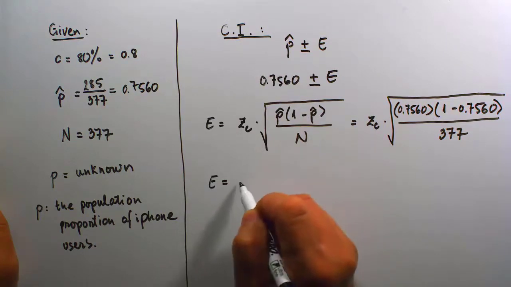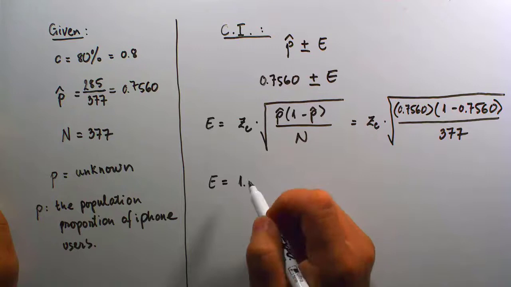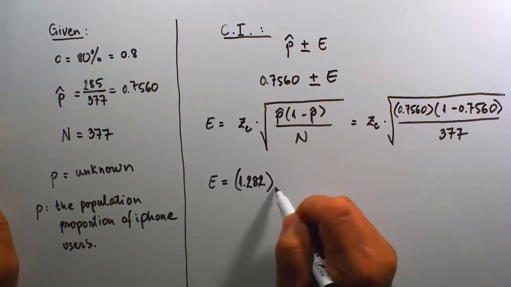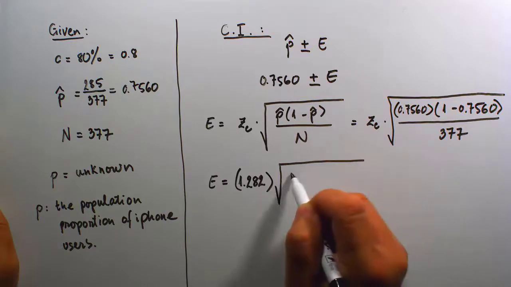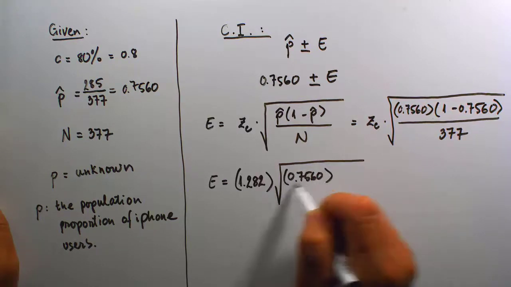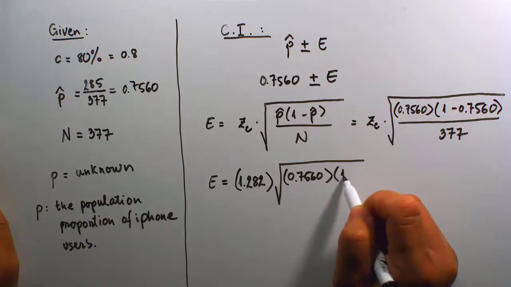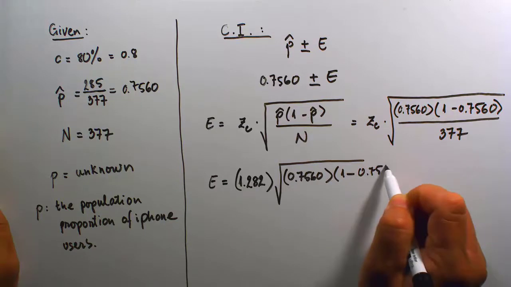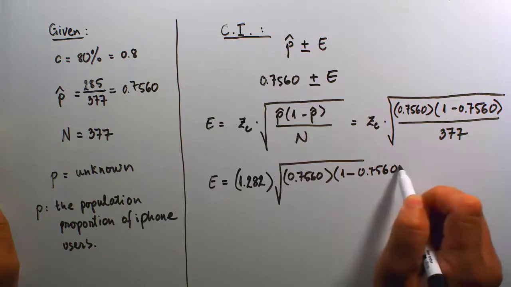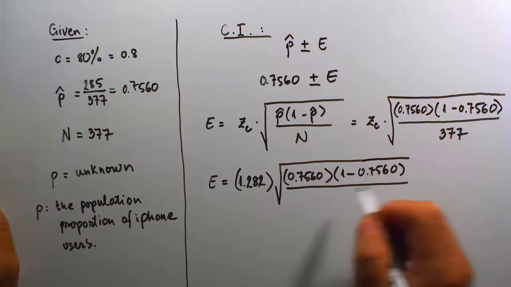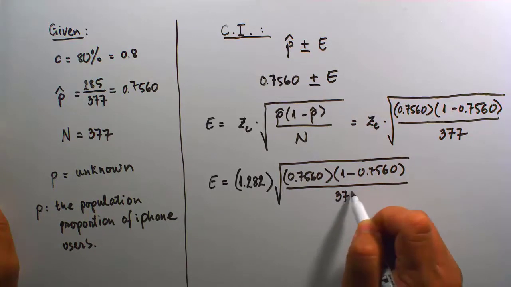Margin of error equals the z sub c we just now found, 1.282, multiplied with square root of 0.7560 times another expression in parentheses, 1 minus 0.7560, and divided by sample size 377.